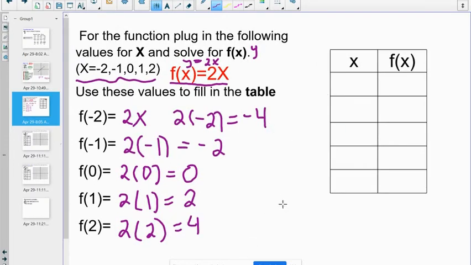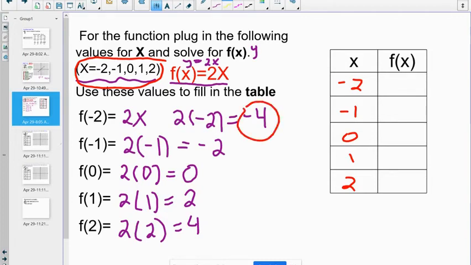So now we have our x values. Now we're going to use these values to fill in our table. So our x values we are given up here. I'm just going to fill in negative 2, negative 1, 0, 1, 2. Now for our corresponding values, remember this is important that you fill in where this negative 4 is going to match up with that negative 2.